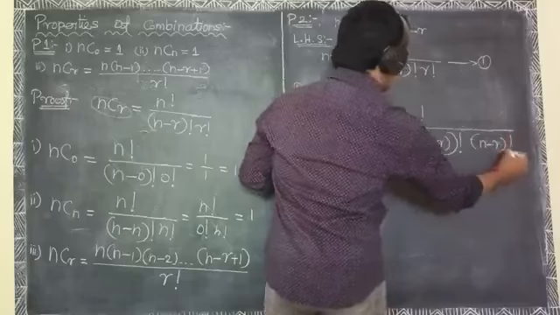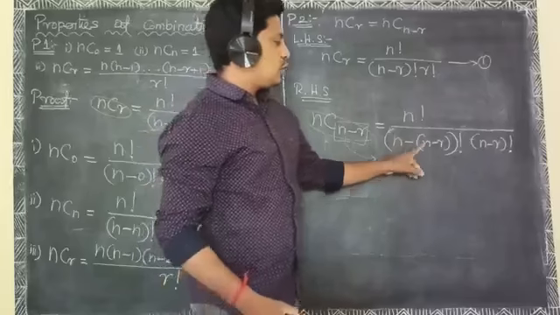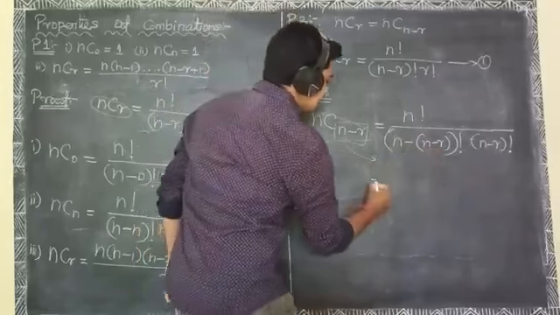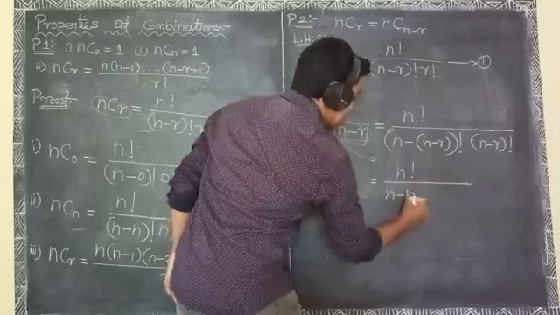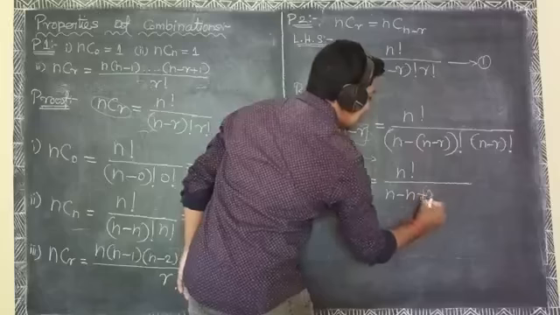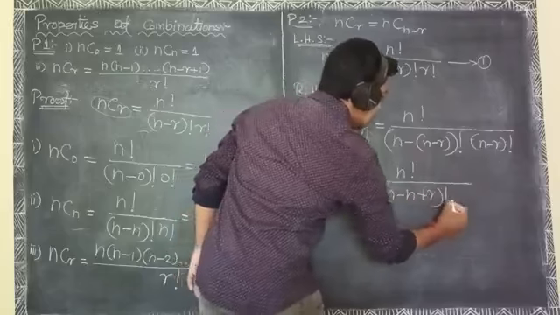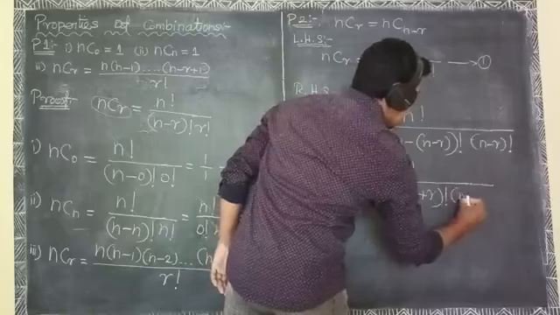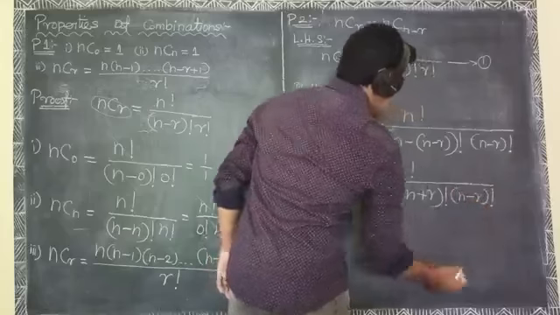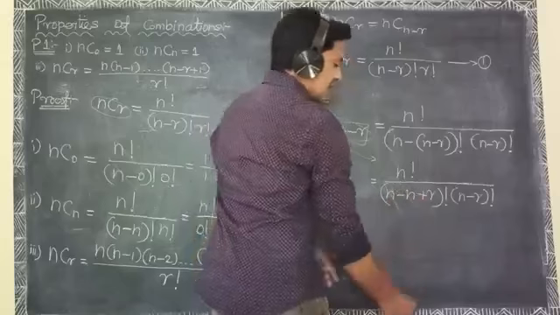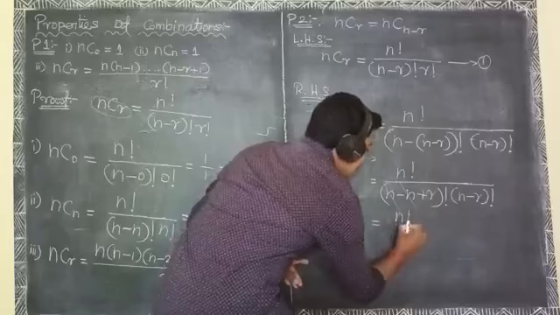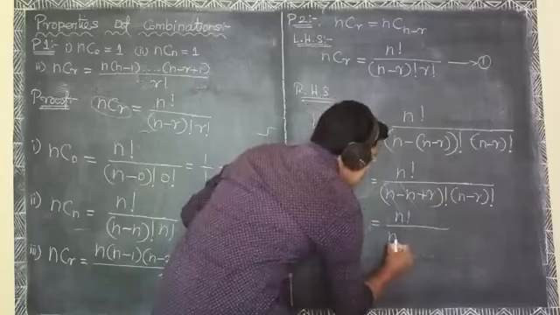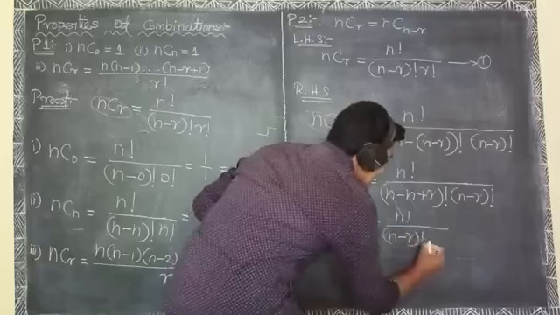In the denominator, n minus (n minus r): the minus n and plus n cancel, remaining r factorial. So that is n factorial divided by (n minus r) factorial into r factorial.